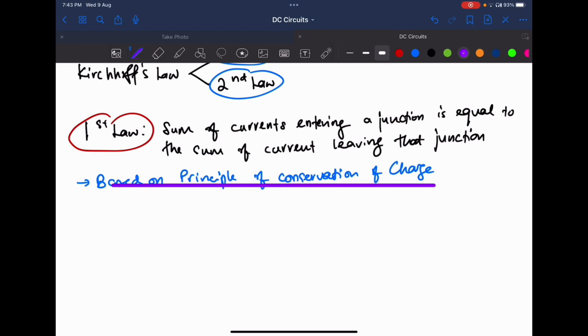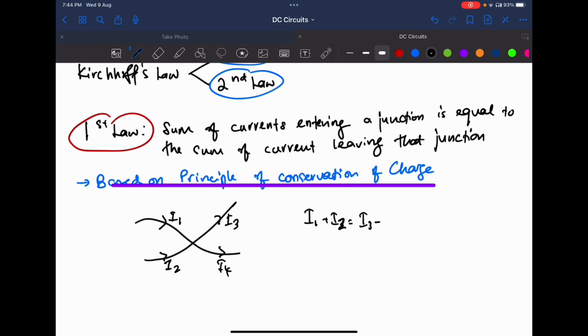And for example, let's say you have I1, I2, I3, I4. So based on the principle of conservation of charge, Kirchhoff's first law, I1 plus I2 equals I3 plus I4.